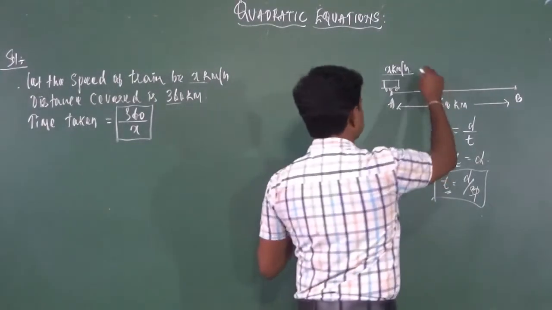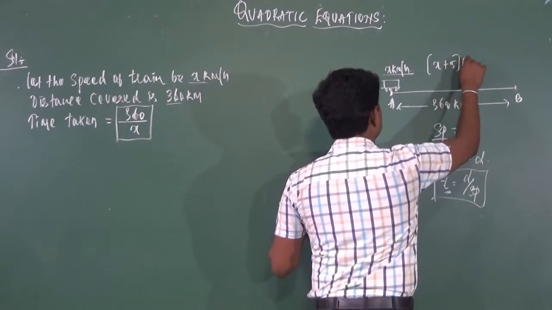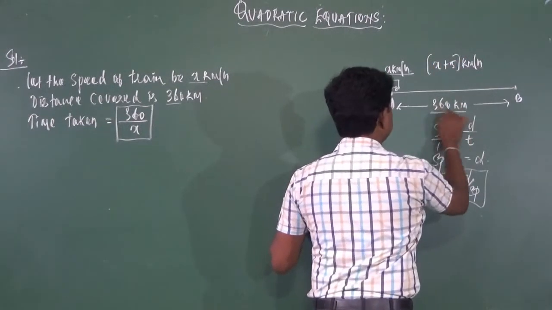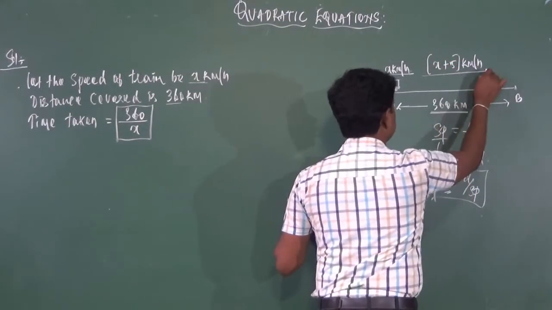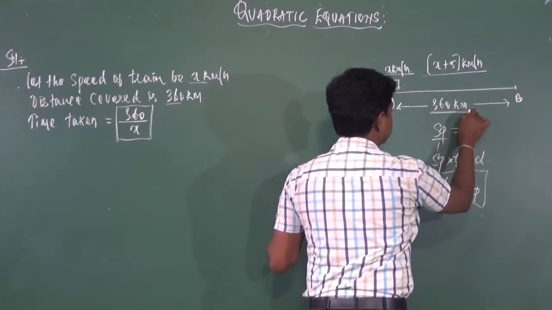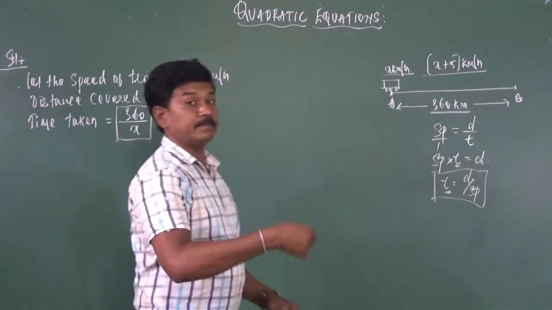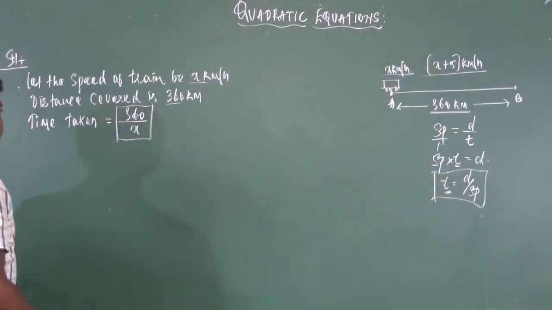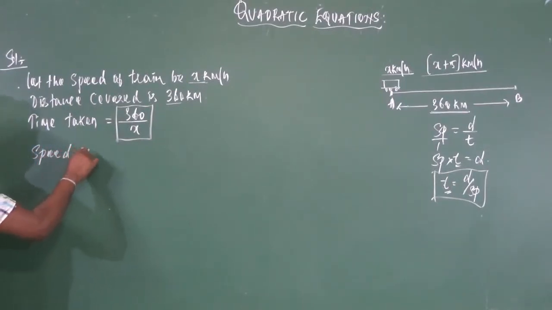So now the train is traveling at a speed of x plus 5 km per hour, covering the same distance of 360 kilometers. We will calculate the time now. What is the time taken by the train? Okay, speed is increased.